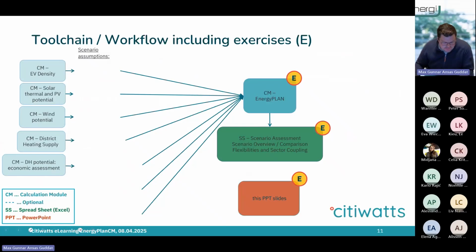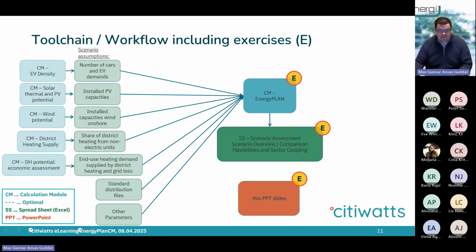Sorry, 2 seconds. Well, but the tool chain, or the workflow, as we call it, you have seen this before. The whole aspect is that we have certain modules and certain components in the toolbox available on the platform, and you want to chain these different components together to make real analysis, because if you just click a button, then yes, something calculates, but if you want to make this an analysis that you can use for something, you of course also need to link those things together in a meaningful sense.